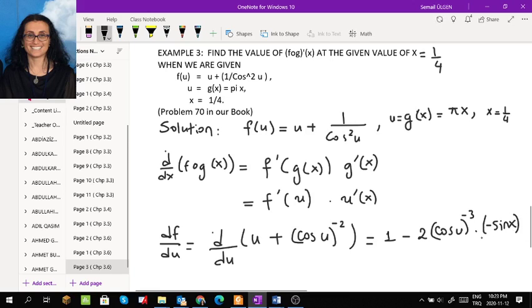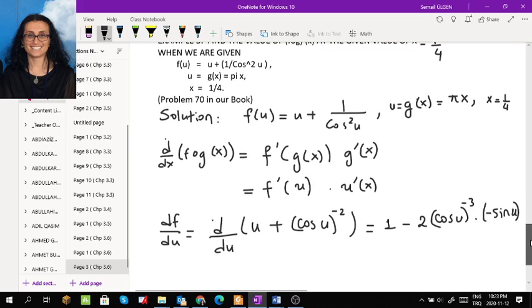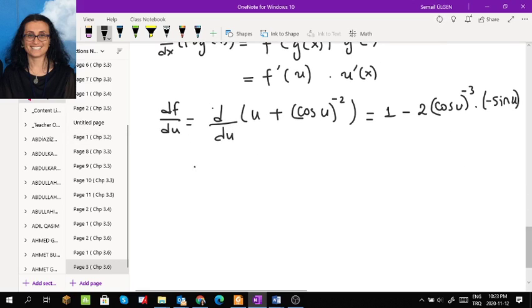So we got that, right? Sine of u, I'm sorry, I made a mistake here. It should be u, because everything is in terms of u here. So then let's go down here, and then I am going to plug in the x values for u.